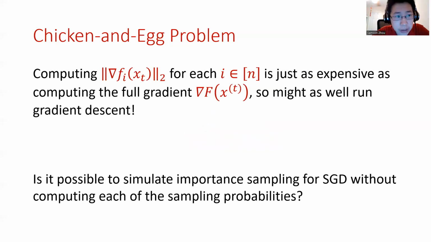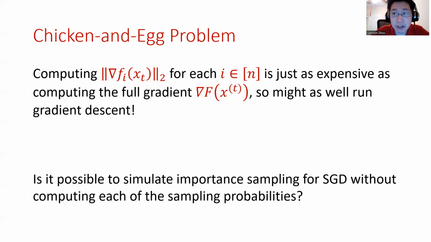So this actually yields a chicken and egg problem. If we want to compute the gradient for each index, this is just as expensive as computing the full gradient, and that is exactly what we wanted to avoid in the first place. We're saying we might have an approach with more iterations than gradient descent but fewer iterations than uniform sampling for SGD, but computing each of the probabilities is just as expensive as computing the full gradient, so we might as well just run gradient descent.